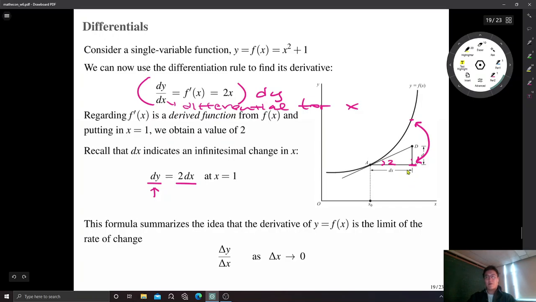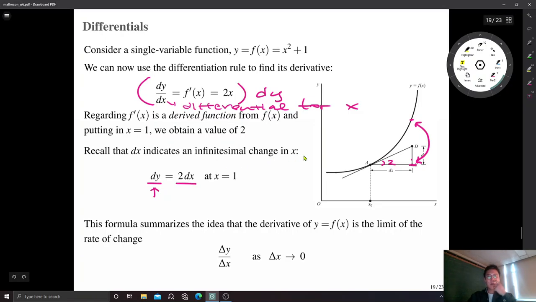And if we compare with dy, the differential of y, there is some error, right? There is some error between dy and the actual variation of the function. Okay, so dy can be interpreted as the linear approximation of the function when x changes by dx.